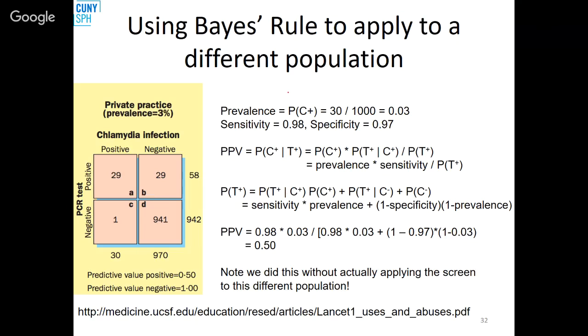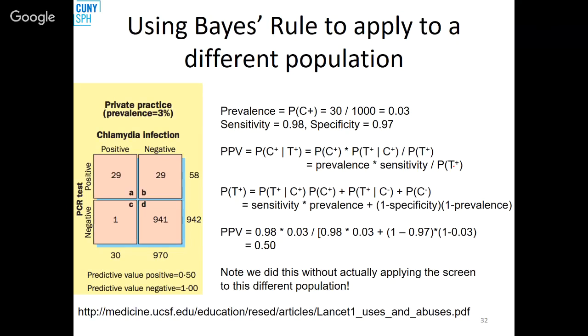Given this sensitivity and the prevalence in the population, you can calculate the PPV. So you can take the sensitivity from a case control study or from one population and apply it to any other population using this Bayes rule formula.